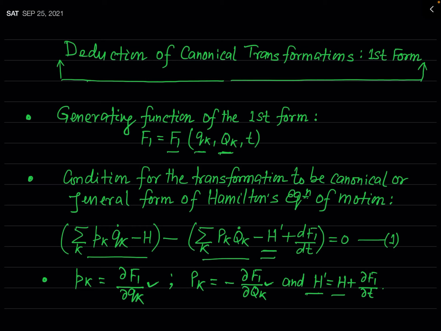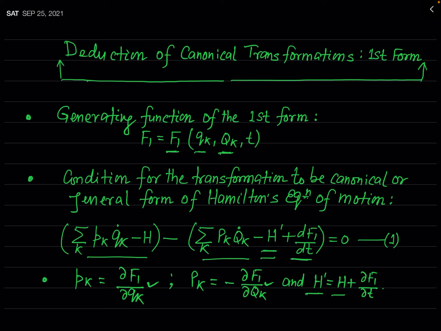So you can see the first form of generating function, which we denote by the symbol f1, is a function of small qk, capital Qk and t. So from this relation, it is possible to find the time derivative of the generating function f1, that is df1 by dt.